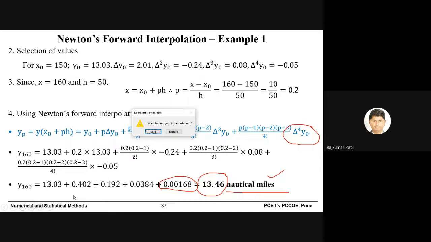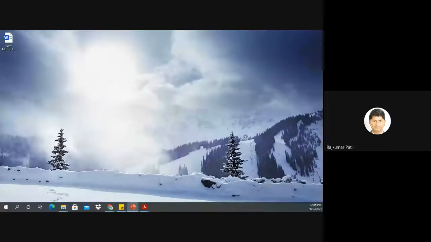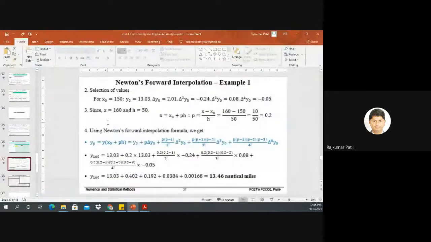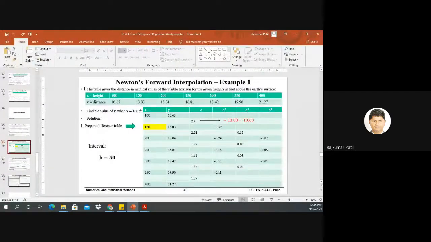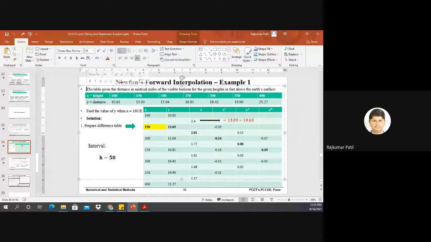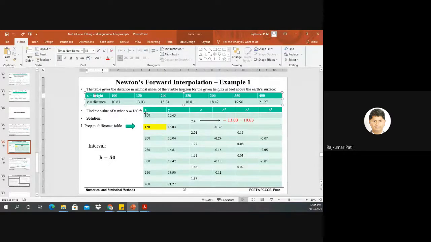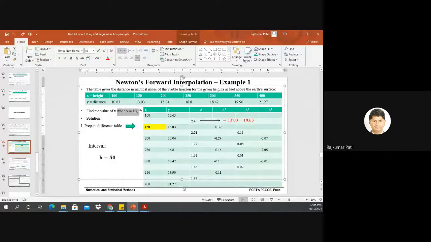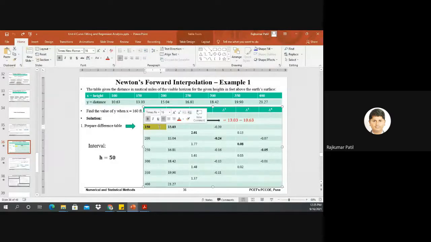Once again, I will repeat the procedure to avoid confusion. First of all, we read the problem carefully. Then we prepared the table. From the table, by comparing the value of x for which we have to calculate the value of y, we selected the appropriate values for x, y, and del.